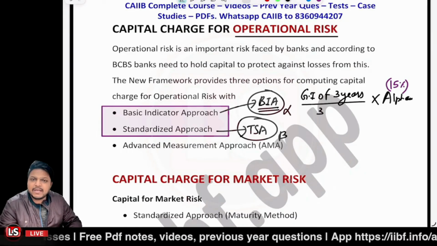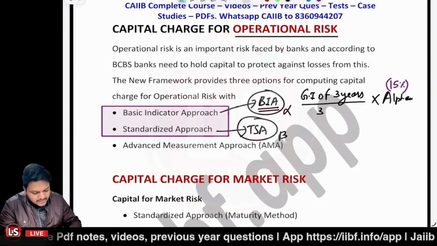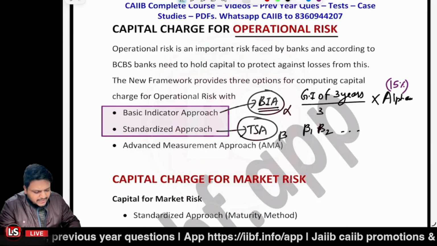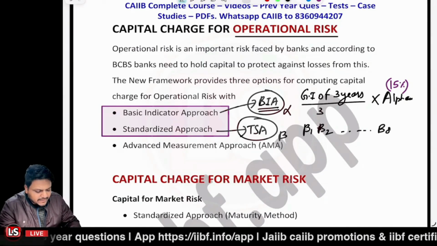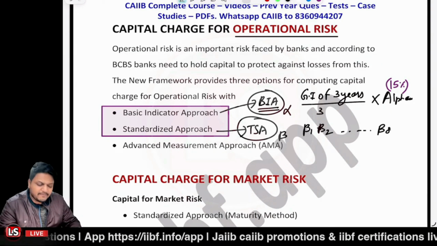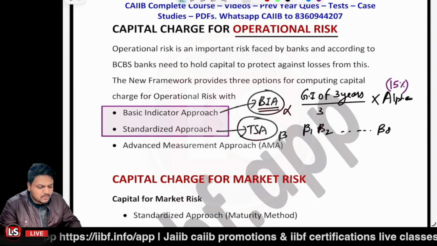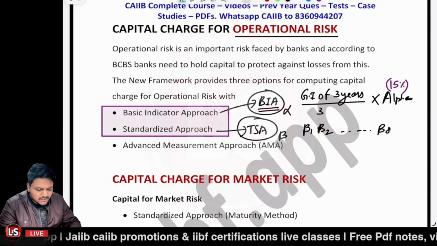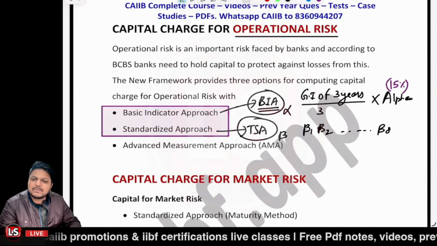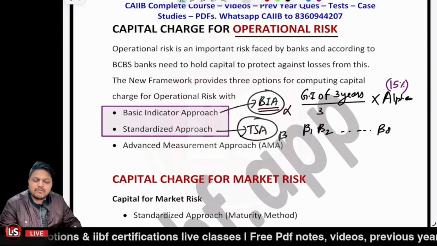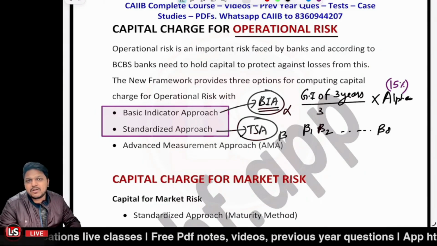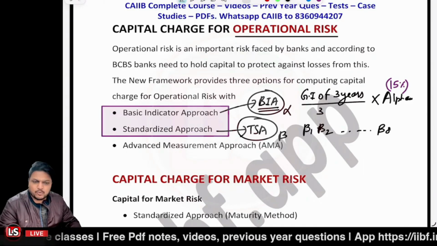For 8 business lines we have different betas, like beta 1, beta 2, beta 3 up to beta 8. If we calculate the average of all the betas, it will come equal to 15% itself. But in this case we multiply the gross incomes with the beta 1 factor, and then add them all up. So it is more particular, or more sensitive, than the BIA approach.